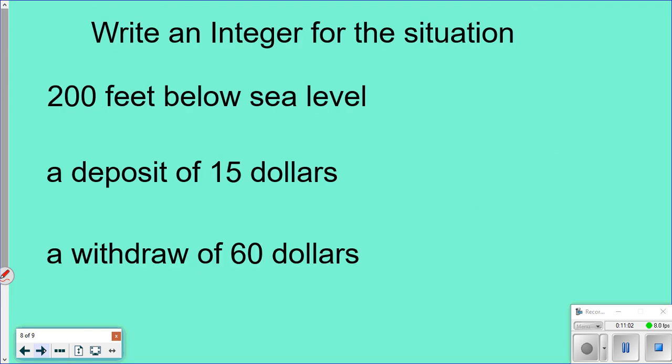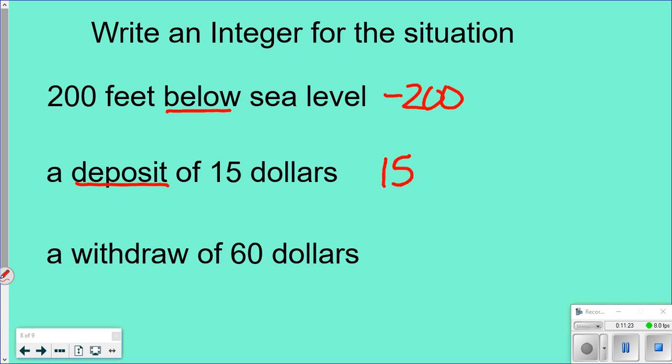Because you're going to be doing stuff like this. They're going to give you a situation and you have to write the integer for it. So here's what it looks like. You've got to find a keyword. If it says 200 feet below sea level, here's my keyword. And to write an integer, it would be negative 200. Keyword, a deposit of $15 would be 15.